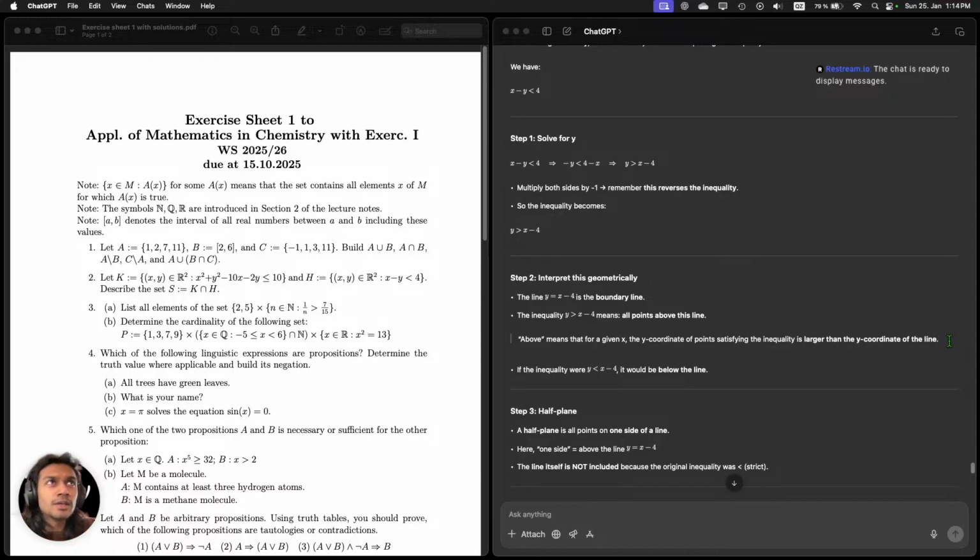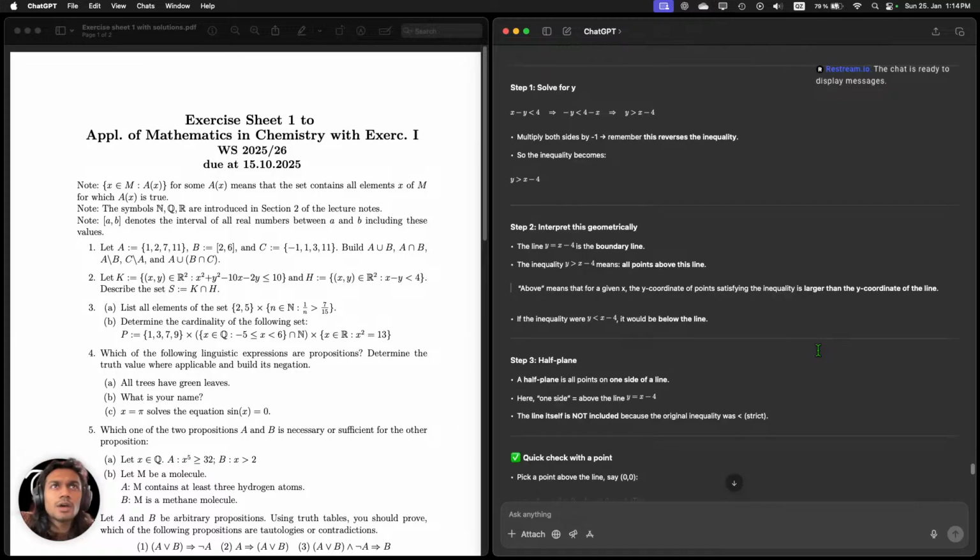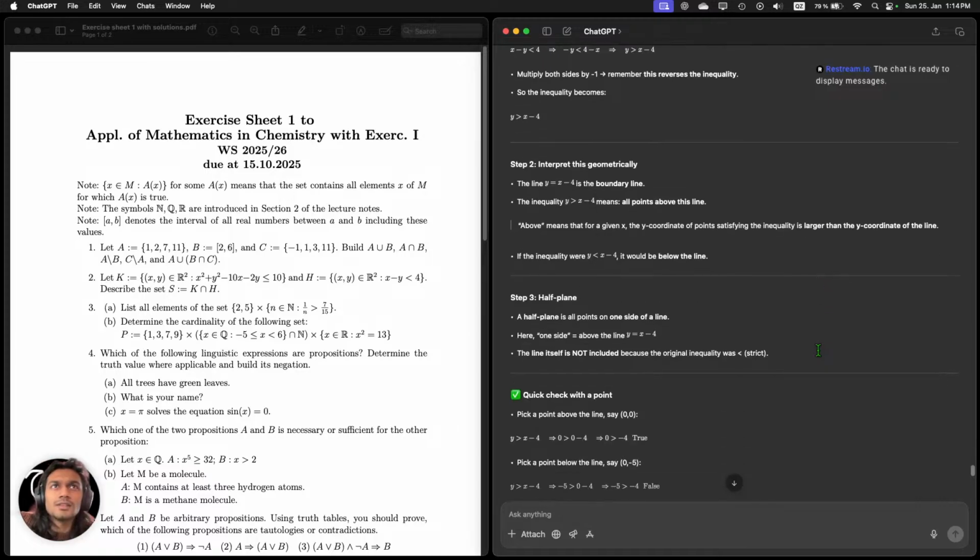ChatGPT is testing my English language knowledge. The y coordinate of points satisfying the inequality is larger than the y coordinate of the line. You know what? I think I need some examples to get this.